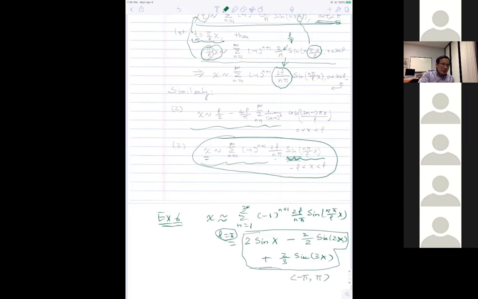Now this does not sound like a big deal. x is a function that is quite simple, and then you express it as a trig function. However, Fourier analysis is a very, very useful tool in a lot of science.